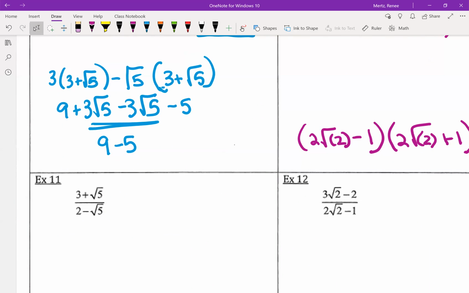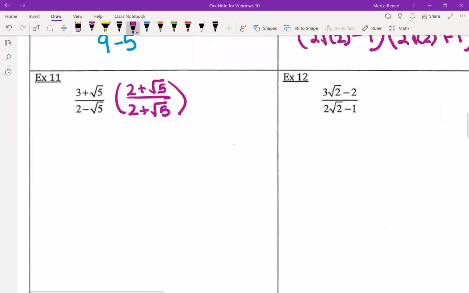A little bit more complicated are these last two. I didn't give you any of this hard on the homework, but feel free to try it if you're up for the challenge. So this one, we're going to multiply by the conjugate of the denominator. So 2 plus radical 5 over 2 plus radical 5. You have to double distribute on the top.